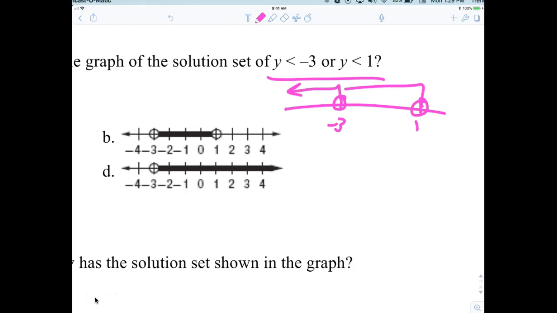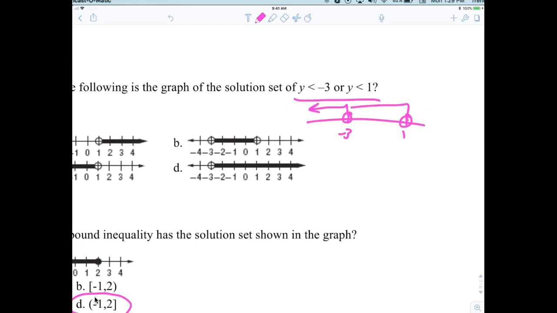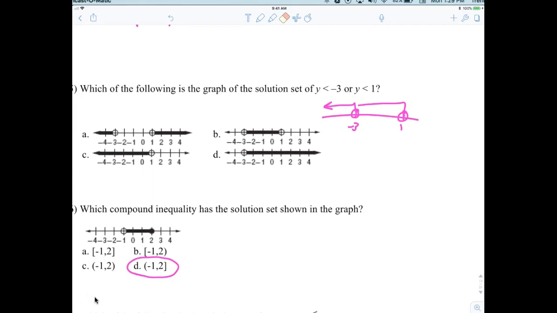No, greater than. Oh, so now it's an or statement. So it only has to be true for one of them. So actually the answer should be C. The reason it's C is because it can be less than 1, right?